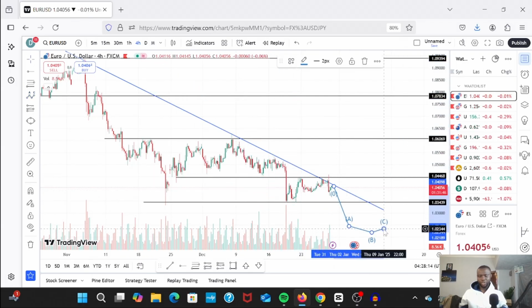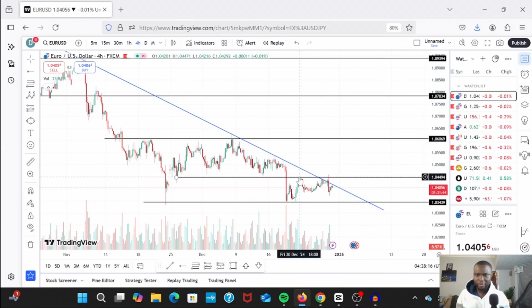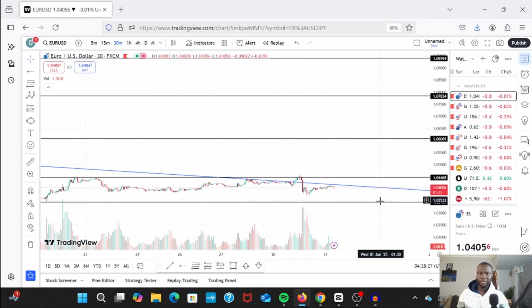And how am I looking for a short? I'm looking for the market to create an M shape.